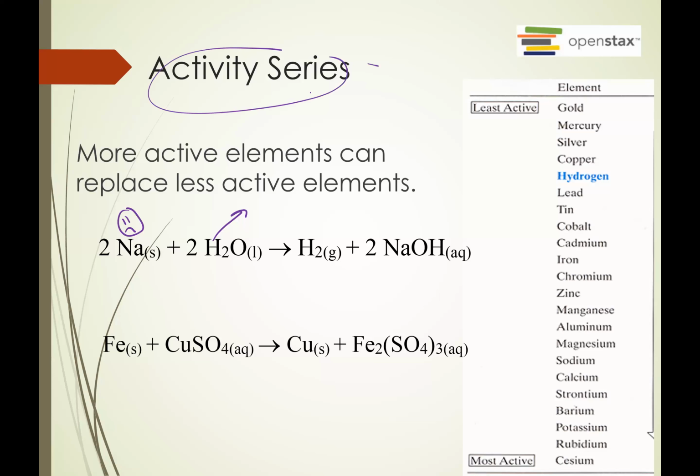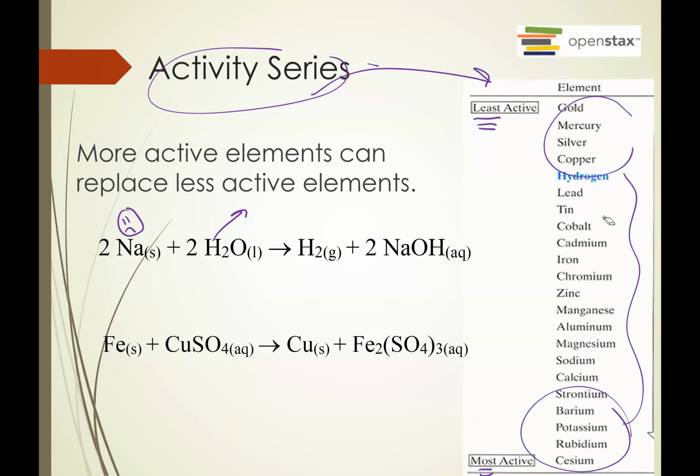This right here is called an activity series. So here's the least active and here's the most active. So the more active it is, that means it can kick out anybody else below it. So that means that these guys can kick out all of these. So what we do is we go, okay, is sodium strong enough to kick out hydrogen?